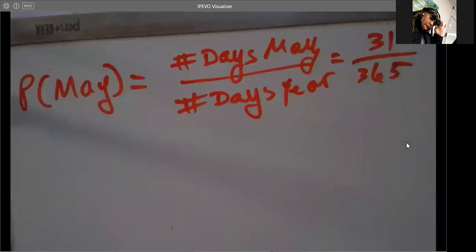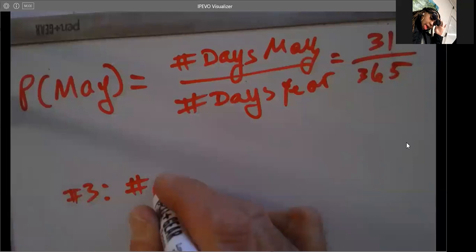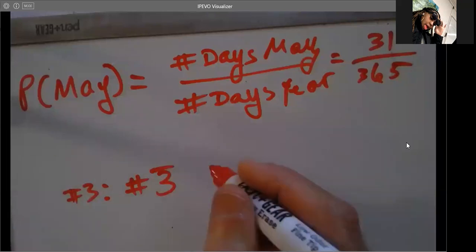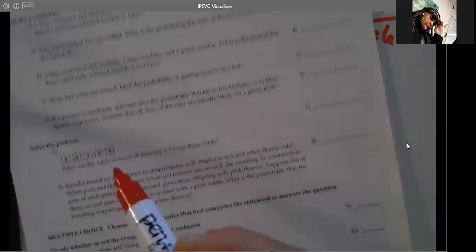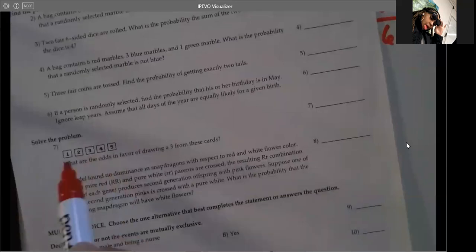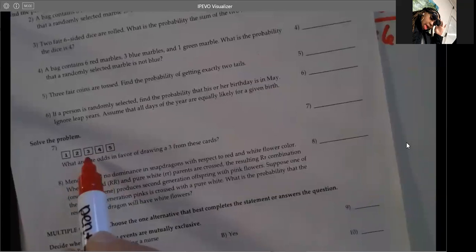So with odds, you've got the number of 3s to the number that is not a 3. We'll put a bar over it for not 3. Well, how many 3s do we have in these cards? Just one, right? We only have one 3.